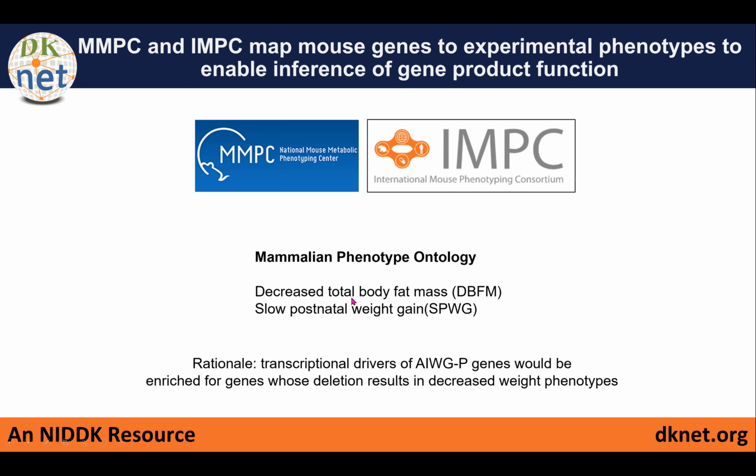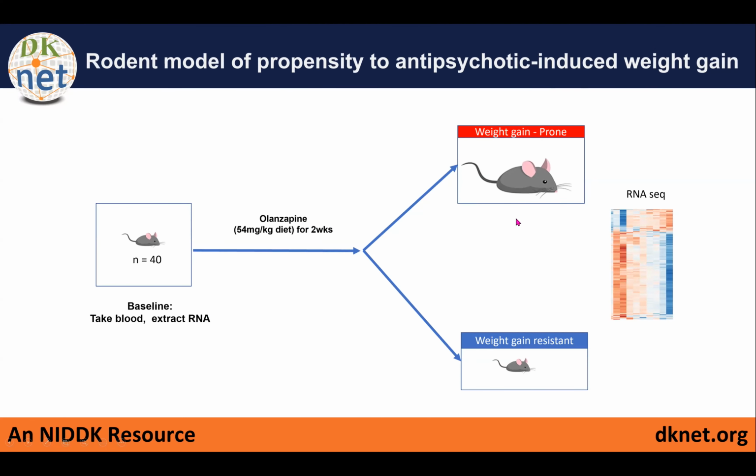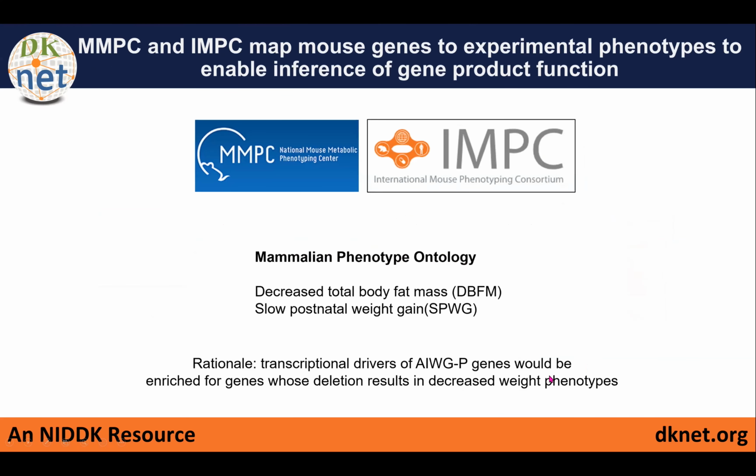Firstly, a decreased total fat mass, and then slow postnatal weight gain. Remember that our hypothesis was that nodes that regulated the expression of targets that are upregulated in the AIWG prone mice would be enriched for nodes that are in one of these two ontological categories.